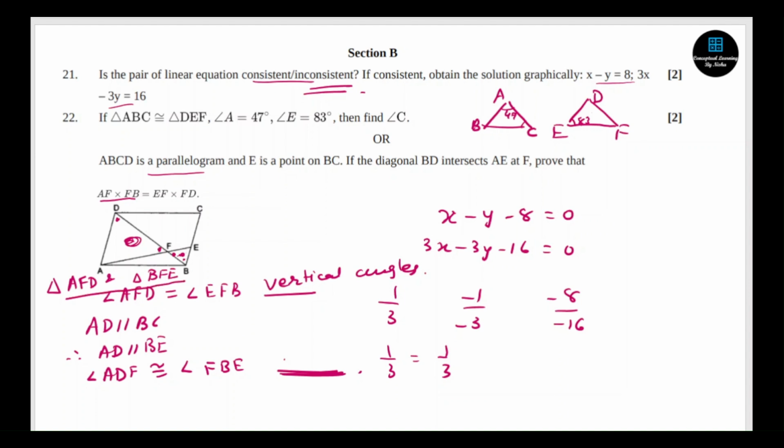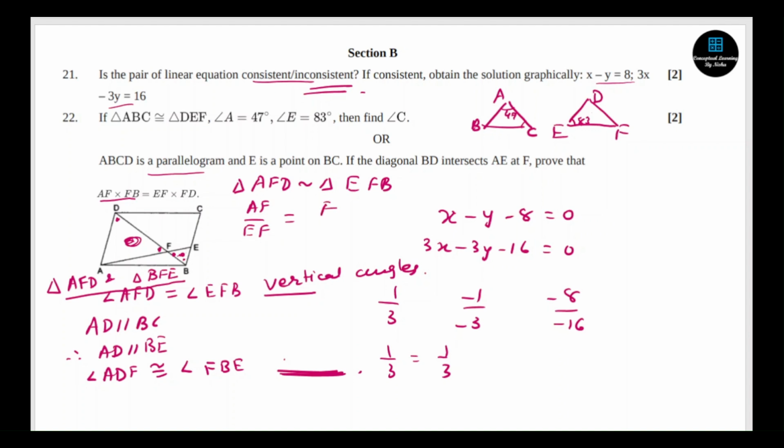And then let me just write this. Triangle AFD is similar to triangle, now correspondence. AFD I have taken. So EFB. Okay. So if I take AF, so here it is EF, is equal to, then I have to take this one, right?